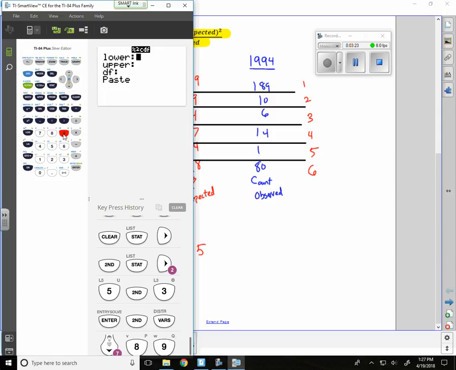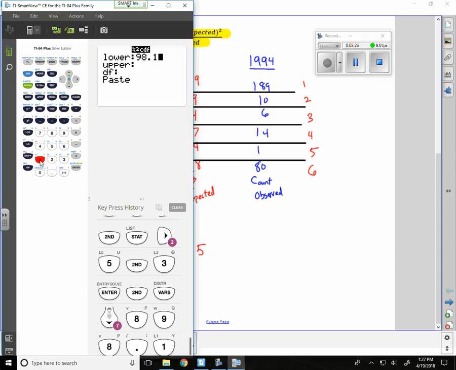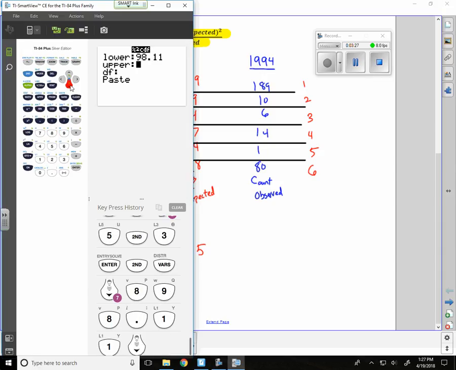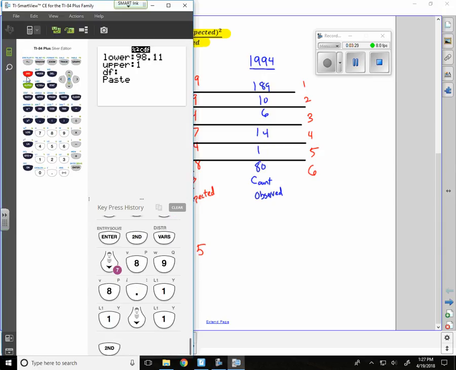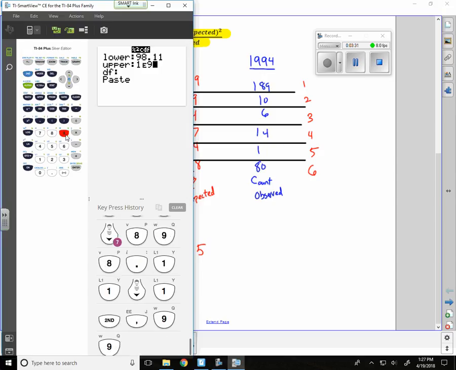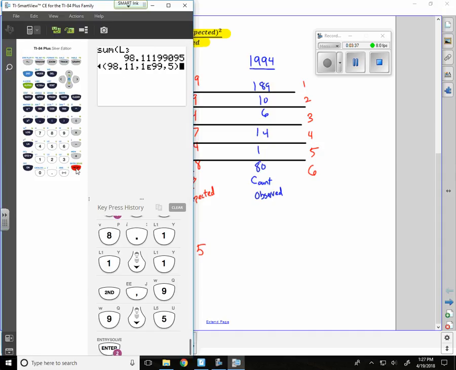That's correct, 98.11. So what's the probability it's going to be bigger than that? For 5 degrees of freedom. You did not get 1.32.